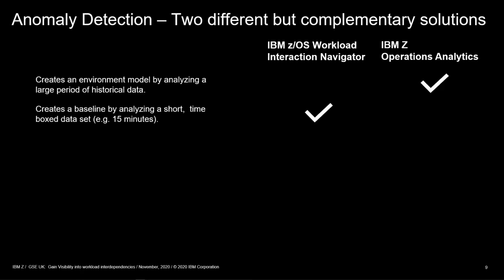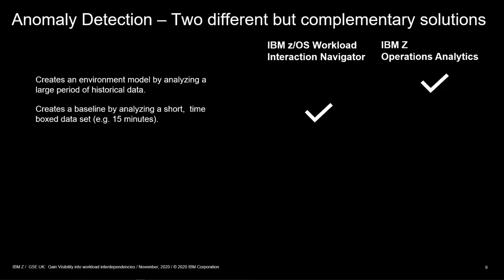What Dan showed in the Navigator is that we're looking at a short baseline, a short period of information, just up to 15 minutes' worth of data. So we have no prior knowledge of what happened in the system. We don't know what happens normally during this period of time.